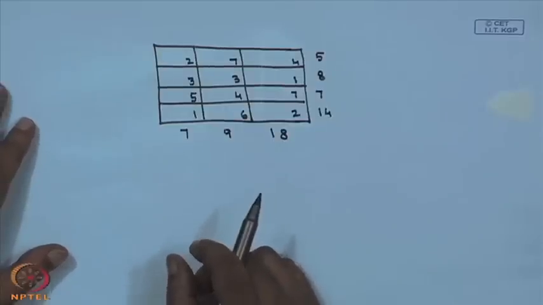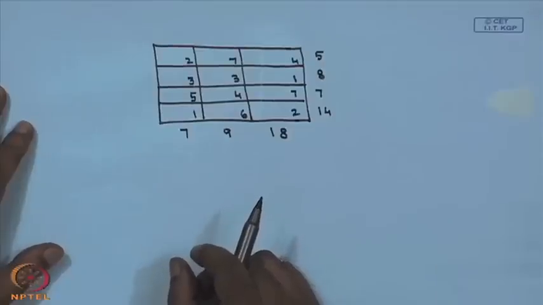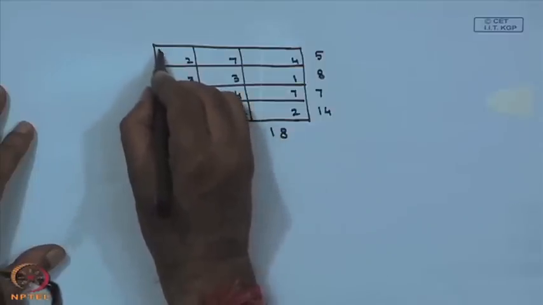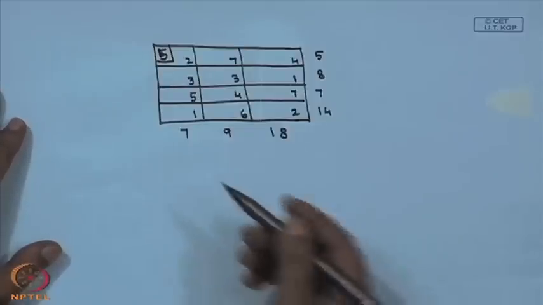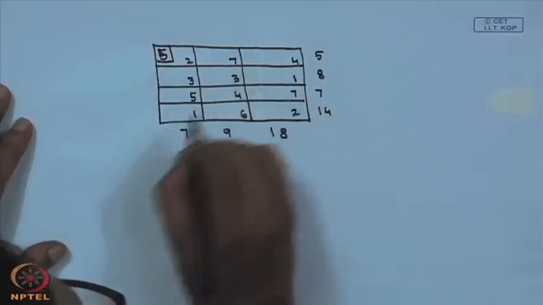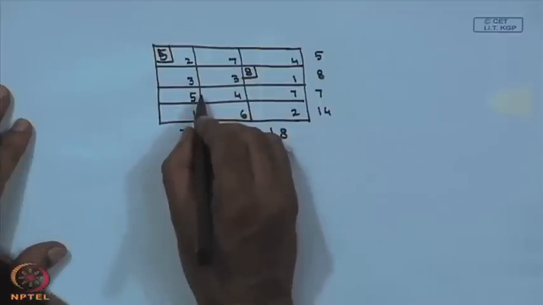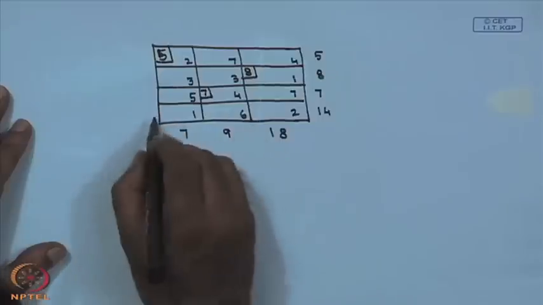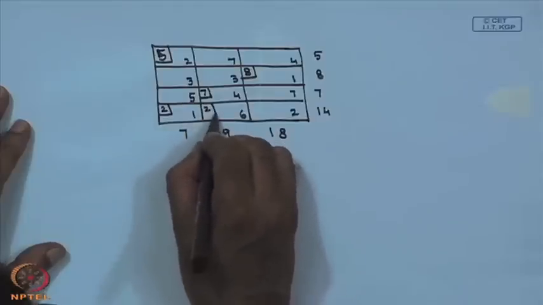So, I can find out the initial basic feasible solution for this case. I am not showing it to you, I am directly writing it because we have already done this. The allocations are something like this. One is 5 over here, the next one will come as 8 over here, then on the cell 3 2, 7 will come, and here it is 2, 2 and 14.